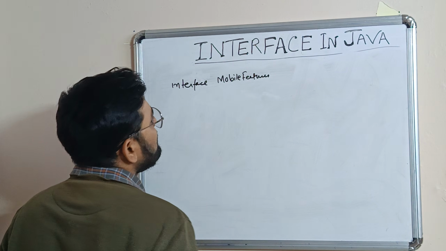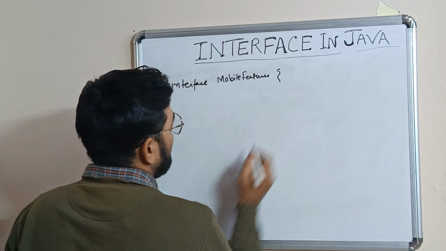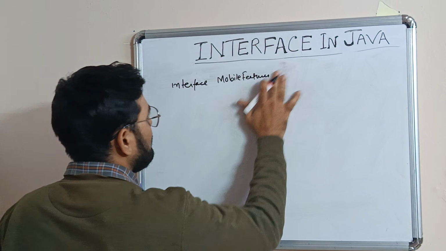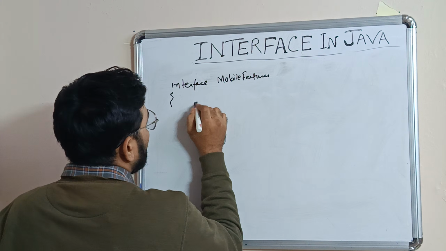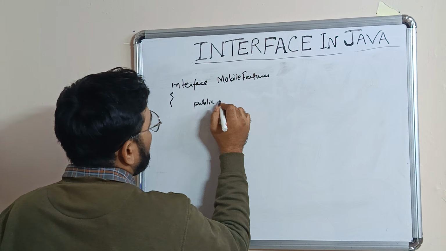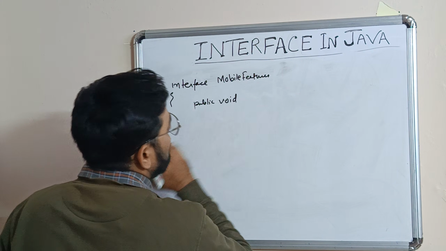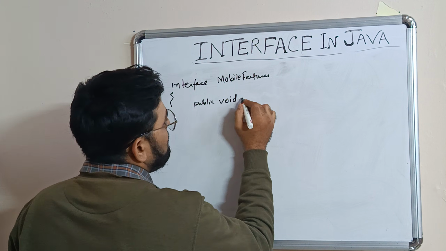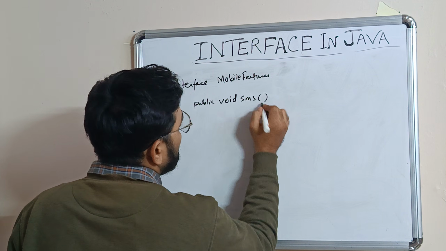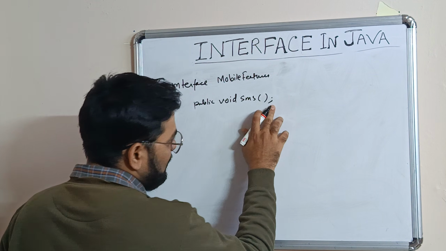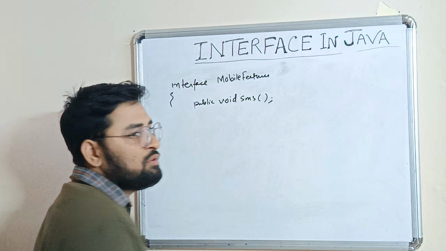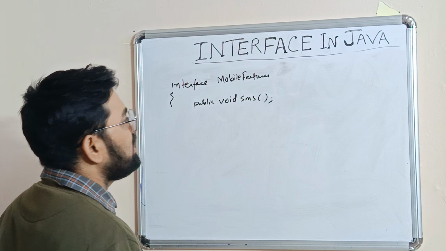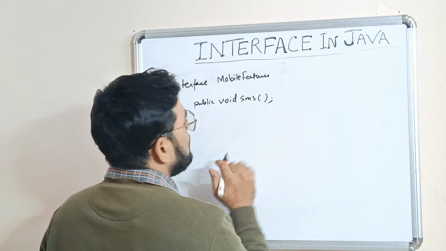Inside this, we can have public void SMS. Writing public is optional. This is one feature. If I give a semicolon, that means it is abstract. We don't have to write abstract, but it is automatically considered abstract without a method body.